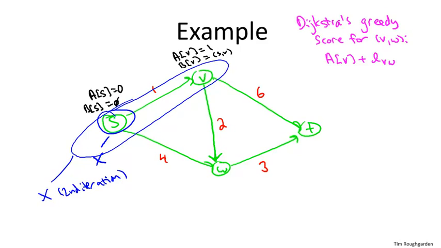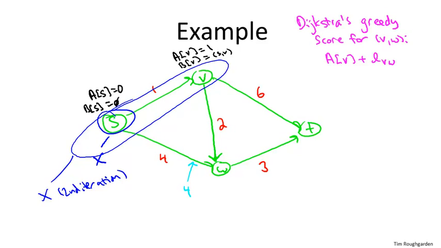Let's go from bottom to top. First, we can look at the arc S,W. The greedy score here is the shortest path distance for the tail, which is 0, plus the length of the arc, which is 4. So here we get a 4 in this iteration. Then for the crossbar edge, the V,W edge, the Dijkstra greedy score is the A value, the shortest path distance of the tail, which we computed last iteration.